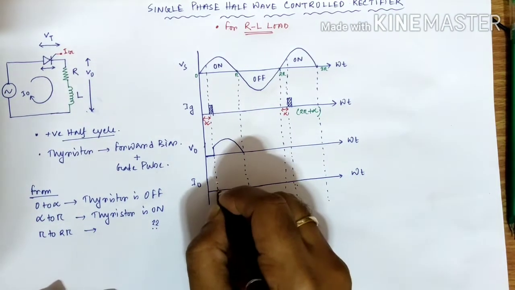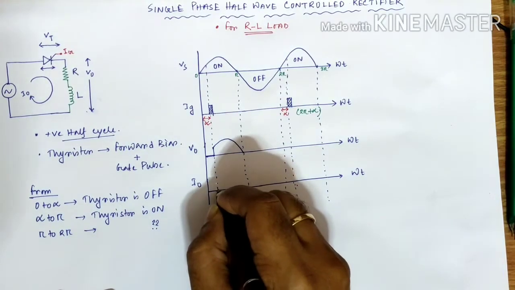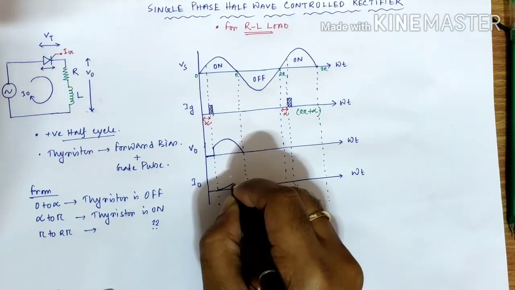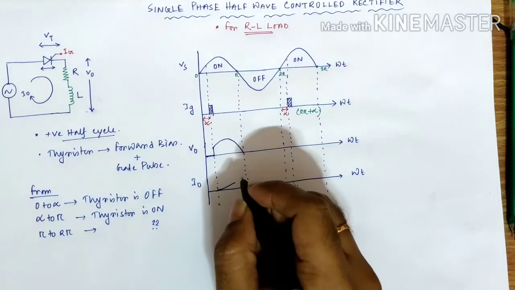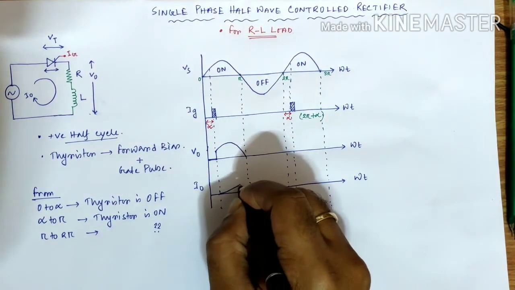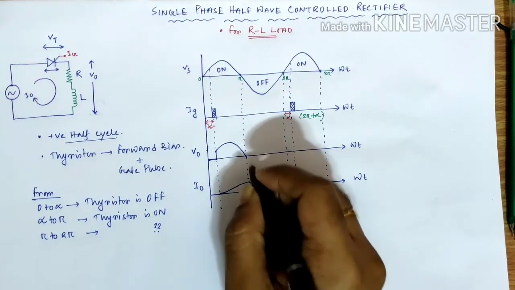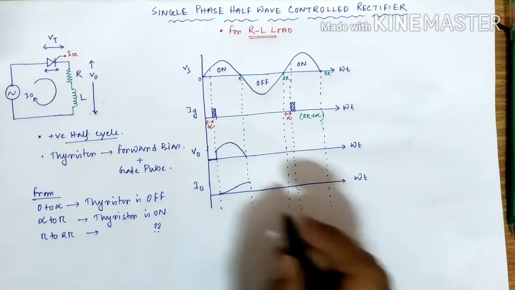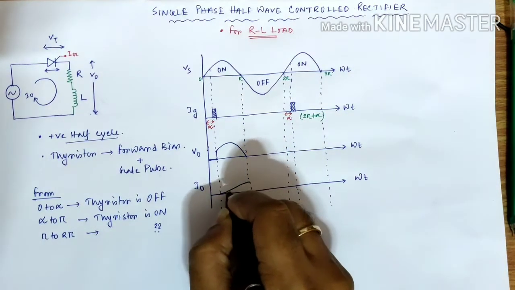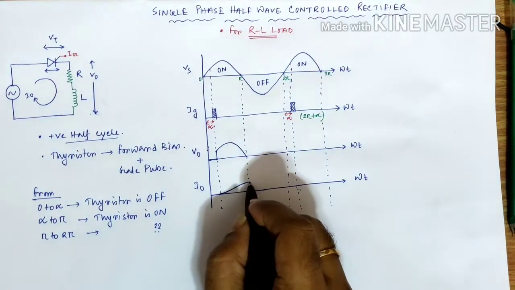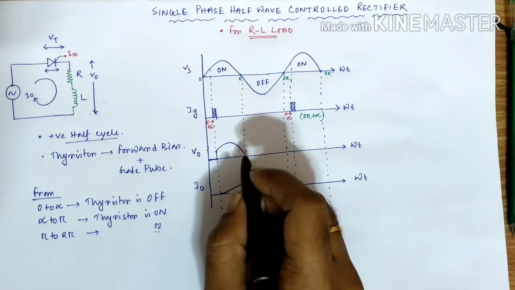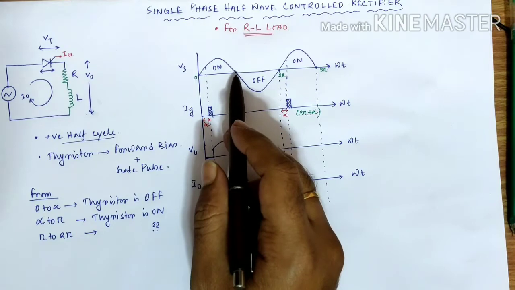So from this point, current will try to build up gradually in this way. And it will reach its maximum value when the angle is pi. That means here you can find the difference. Current attains the maximum value when V0 is 0 as well as Vs is also 0.